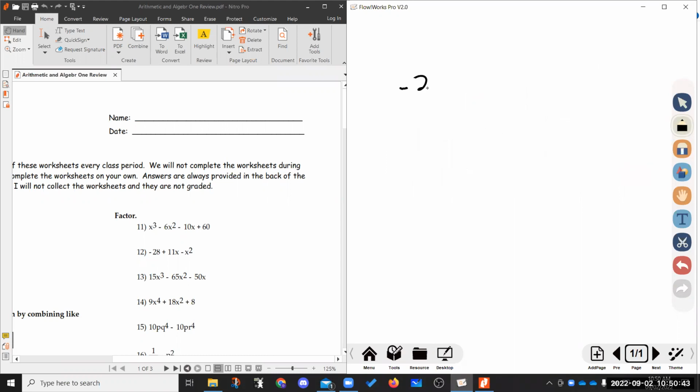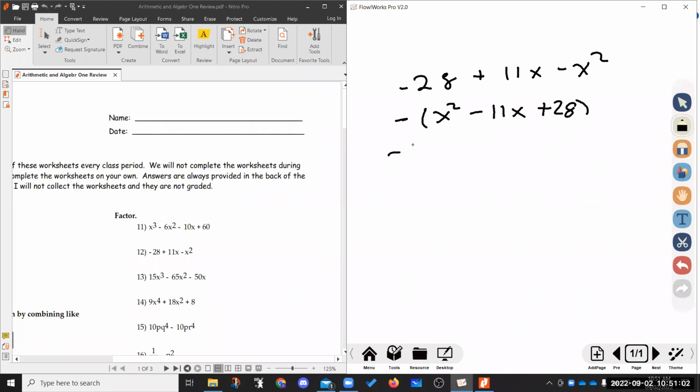Number 12. It's written kind of backwards. First thing that I want to do is factor out a -1, so I can write this the other way.